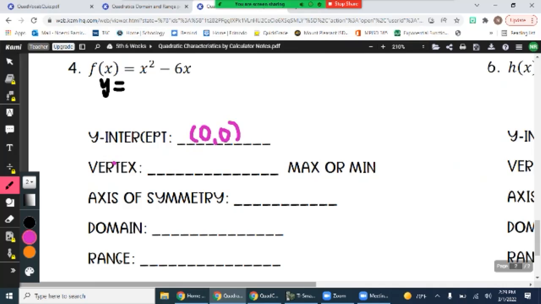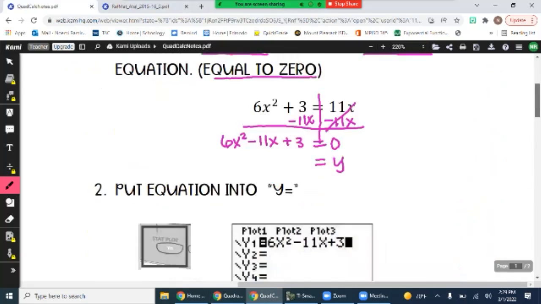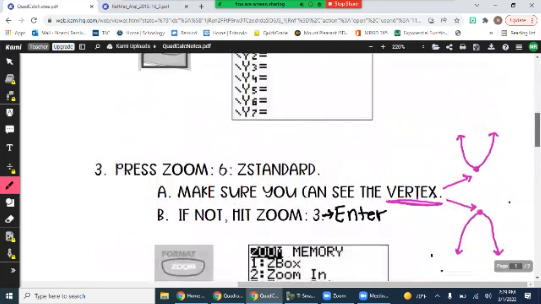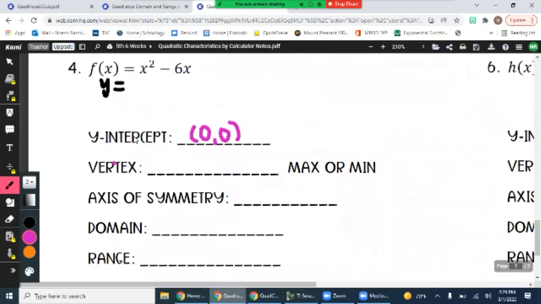But I did say that that y-intercept is the number that's by itself. It's the number that third term. And there is no third term. So what can I add to the end of this equation and it won't affect it? Plus 0. There's my y-intercept. That's where I get those 0, that 0, 0 from.